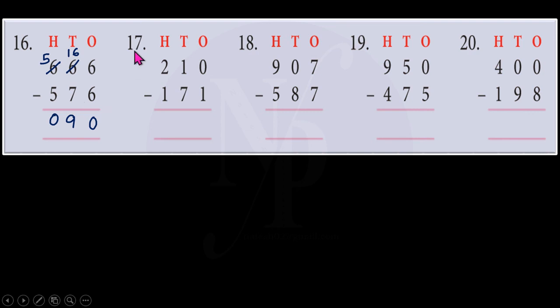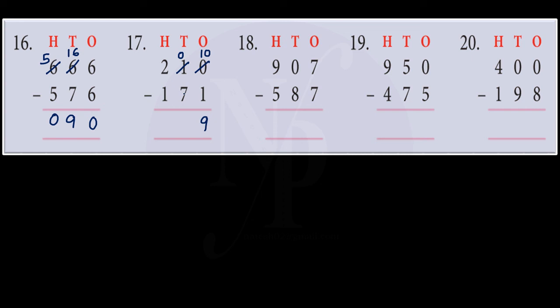Question number 17. 210 minus 171. So to subtract 1 from 0 is not possible. So we regroup. We make this 10 tens as 0 tens, and we borrow 1 ten to ones column. It becomes 10 ones. Subtracting 1 from 10 ones, we get 9 ones.